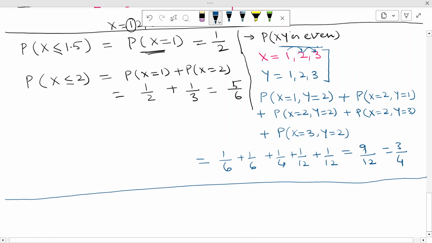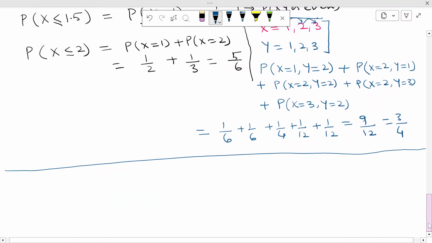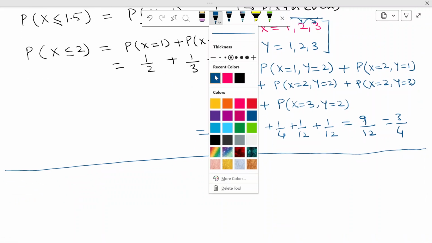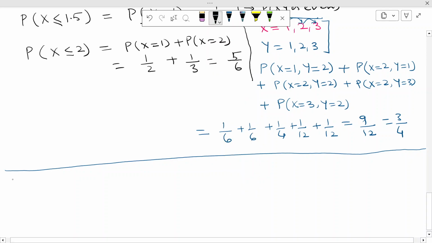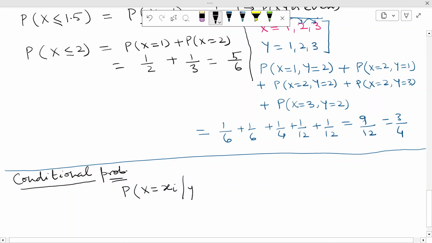Now we can next discuss conditional probabilities: the conditional probability of one random variable given a certain value of the other. Let's say we have to find the probability corresponding to some given value of x, and we are provided that the value of y is yj.